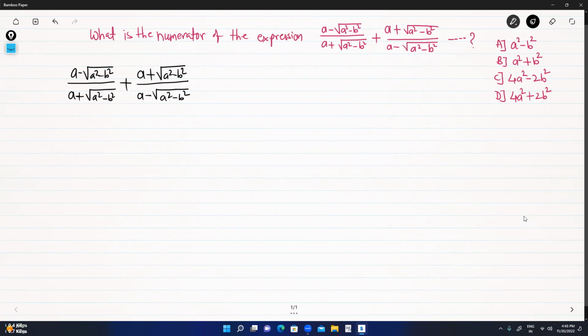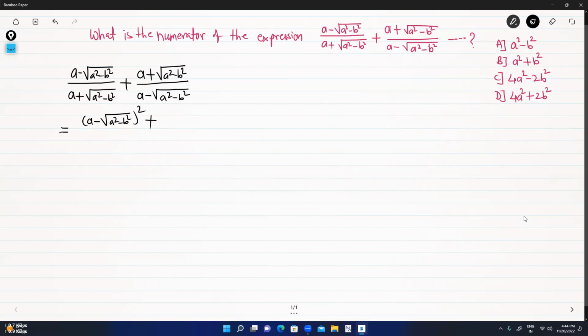Since we can see the numerator of the first fraction and the denominator of the second fraction, which are going to multiply with each other, are the same, we can write (a minus under root a square minus b square) whole bracket square, since both numbers are the same.